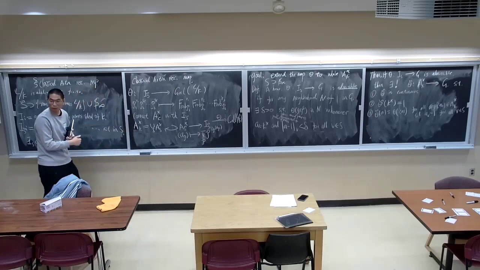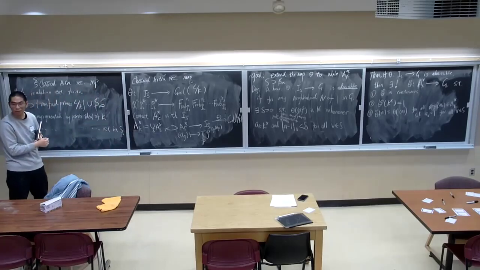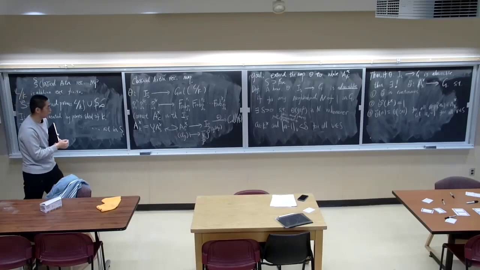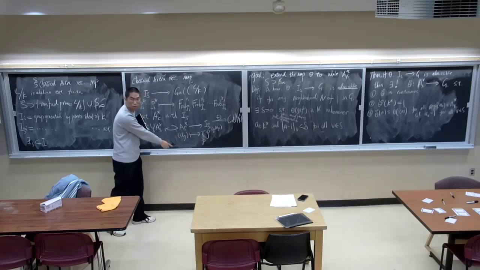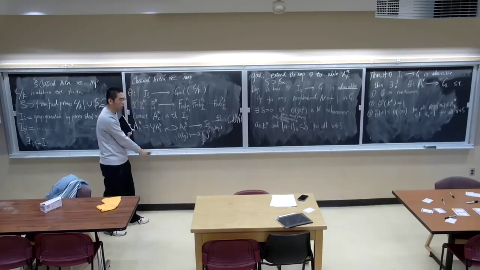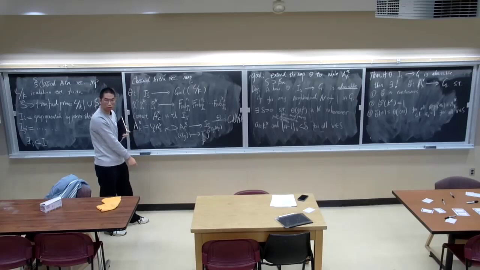Is this clear? In the bottom half of this board, you seem to want the elements to have non-zero valuation at a finite set of primes, S tilde. Which means I_S tilde should be generated by those primes instead of primes outside of that set.